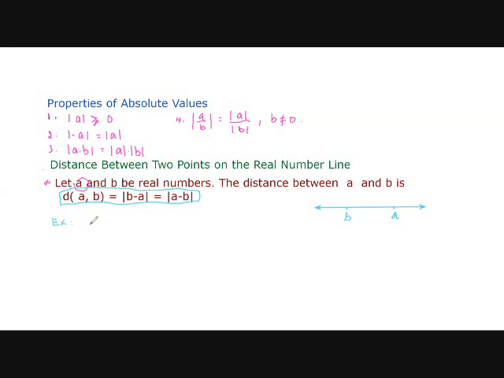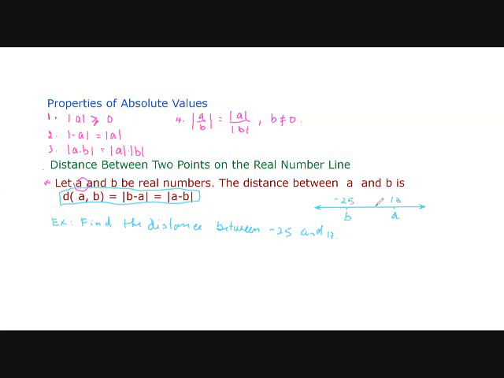Now come to see this one. For the example, find the distance between negative 25 and 13. In this case, assume my A is 13 and B is negative 25.